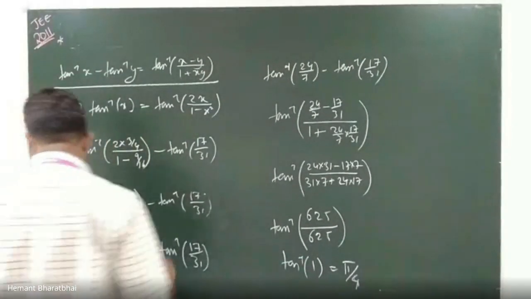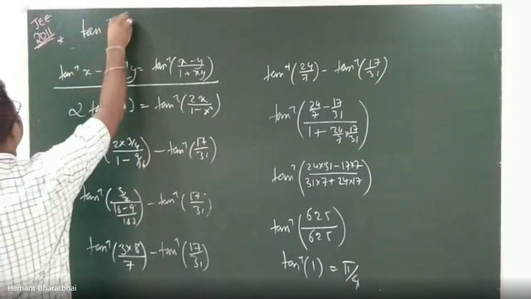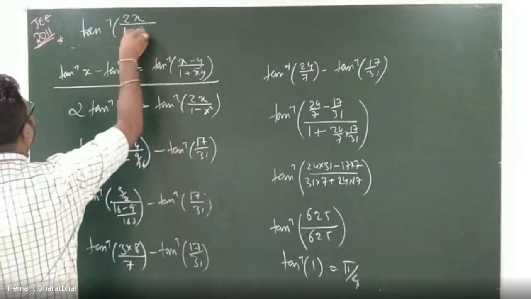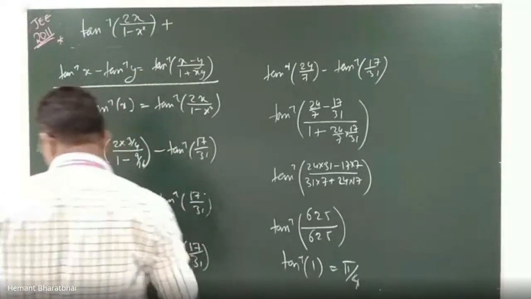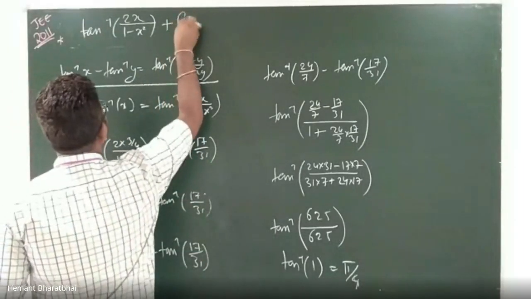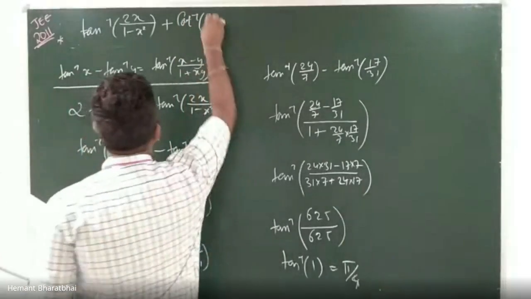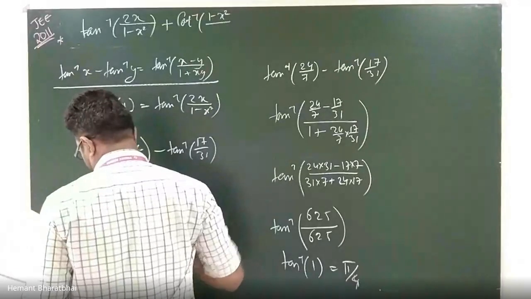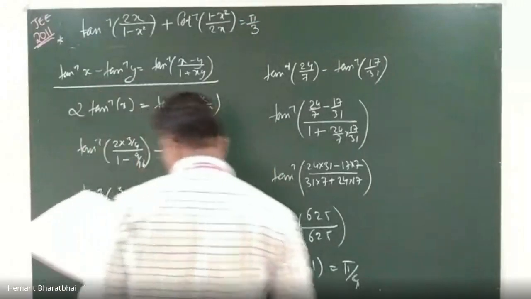Tan inverse of 2x upon 1 minus x square plus cot inverse of 1 minus x square upon 2x is equals to pi by 3.